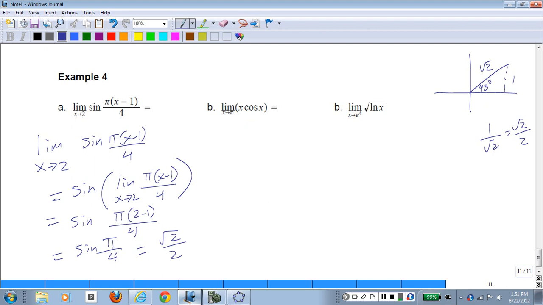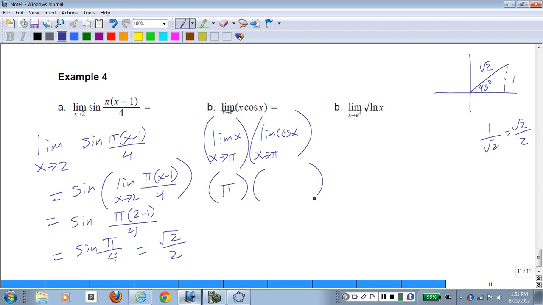Limit of x times the cosine of x as x approaches pi. We had a theorem up above that said the limit of a product is equal to the product of the limits. So this equals the limit of x as x approaches pi times the limit of cosine x as x approaches pi. Well, as x approaches pi, x approaches pi, so the value of this limit is pi.